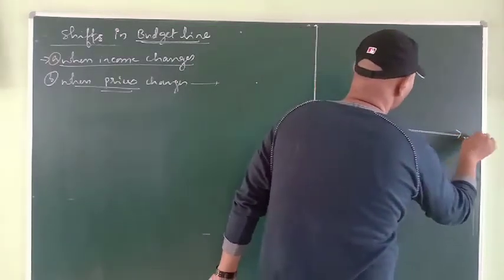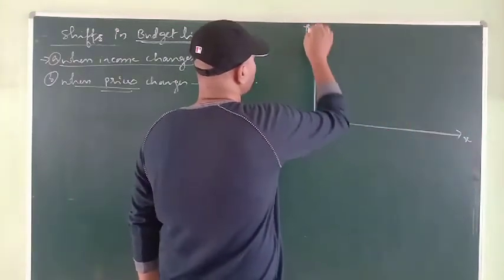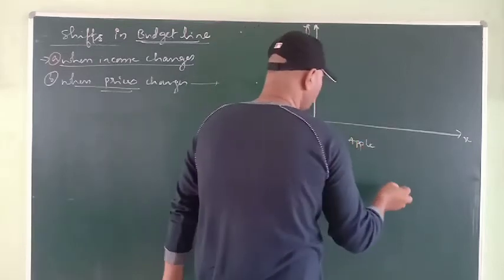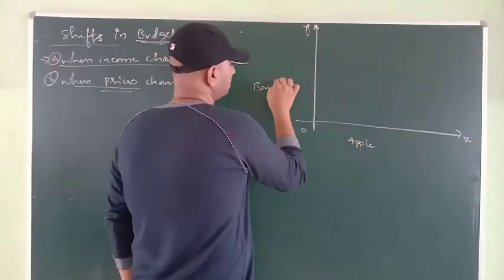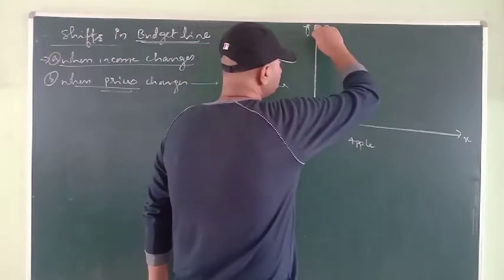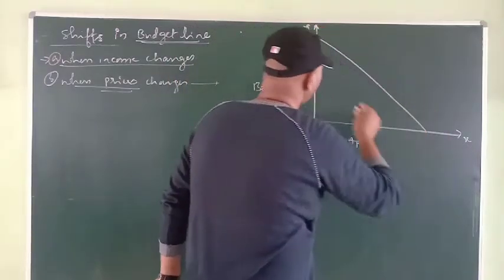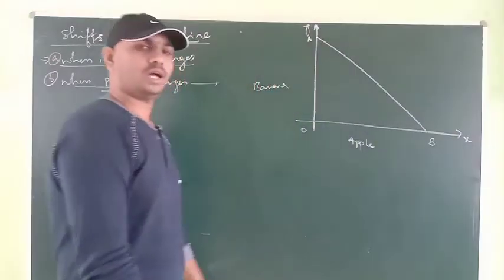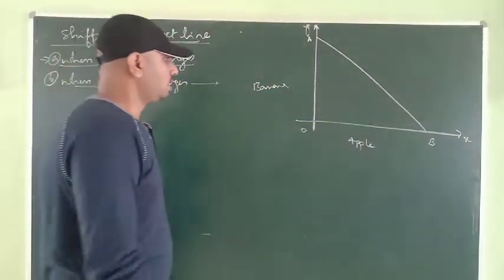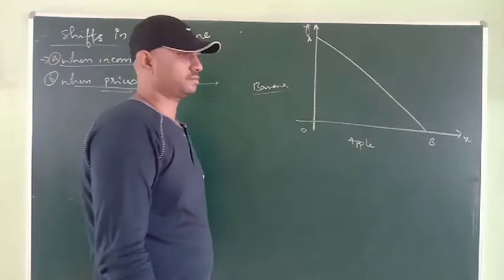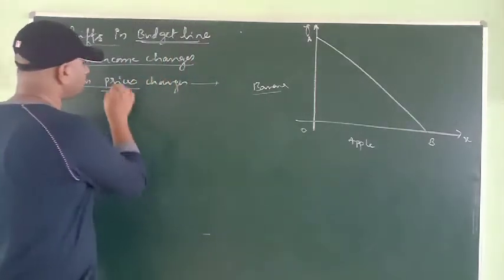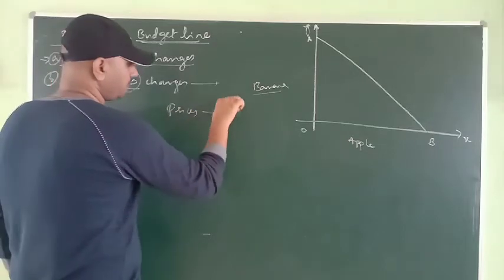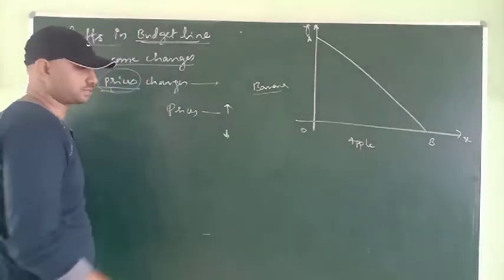Assume we have taken this in a diagram representation, with apple and banana as the same example. Assume this is the old budget line AB. Are we clear? But in the market, prices will change. Prices may either increase or decrease.